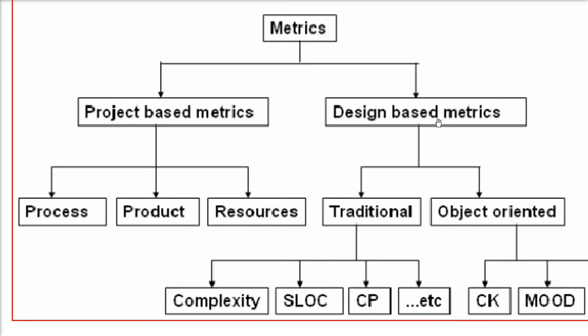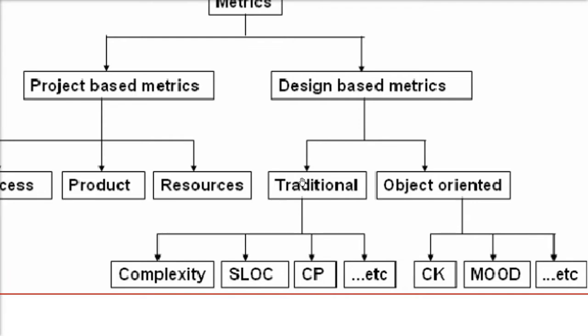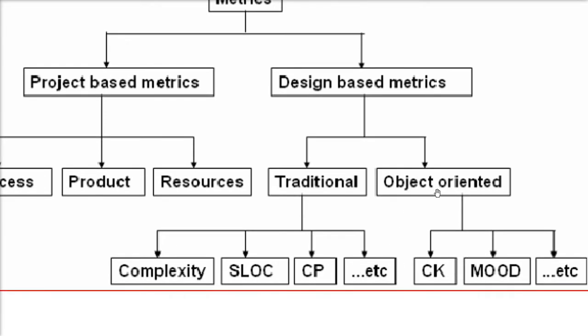In the design based, we have the traditional or conventional software we were using. And then the second type is the object oriented, where the object is the key. So the design based metrics on traditional can be the cyclomatic complexity, the lines of code, the CP, etc. All these we are going to discuss. Along with this, the object oriented metrics like the CK and MOOD, this also we are going to discuss.